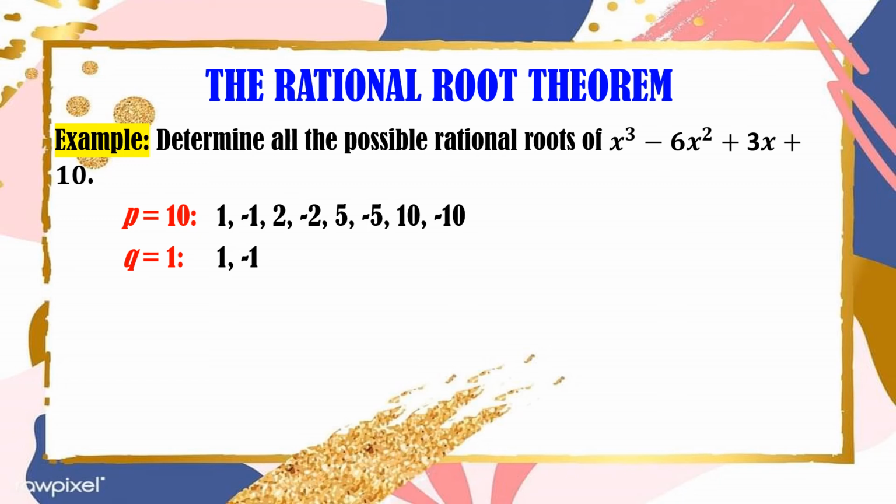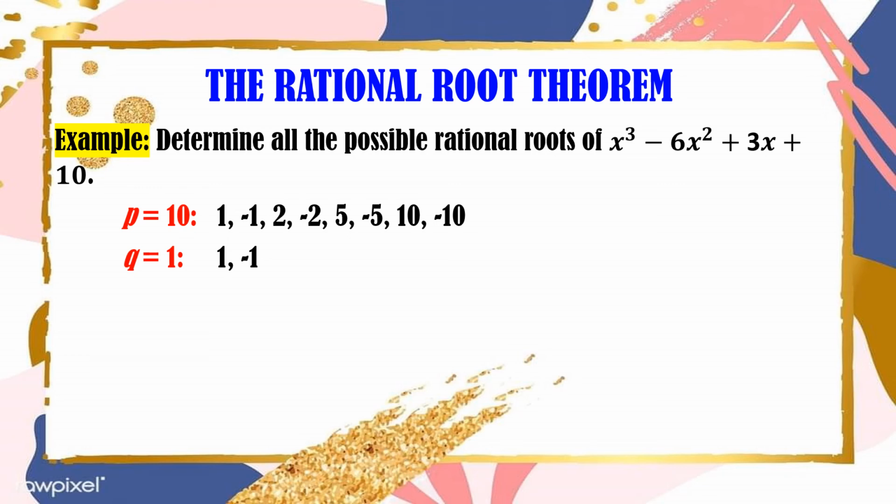Now, we're going to find the possible factors of 10. It is composed of the positive and the negative factors that can be used to divide 10. So 10 has the factors of 1, negative 1, 2, negative 2, 5, negative 5, 10, and negative 10. And q equals 1 has the factors of 1 and negative 1.